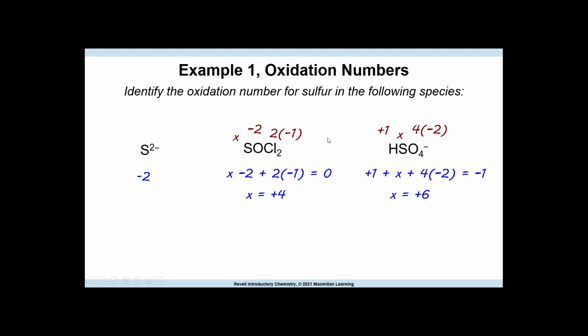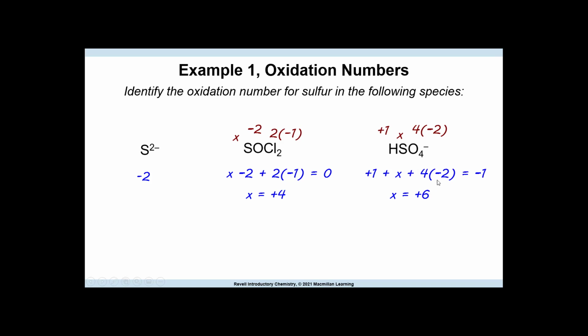Now let's take a look at the other one. We have hydrogen sulfate ion, and it has an overall charge of -1. So we have to account for that -1. So instead of making this all equal to 0, we make it equal to -1. And we do the same thing. Hydrogen is a +1. We have an X to represent sulfur. And then we have a plus sign because we have to multiply in with the oxygen.